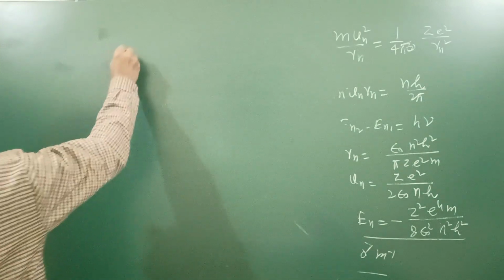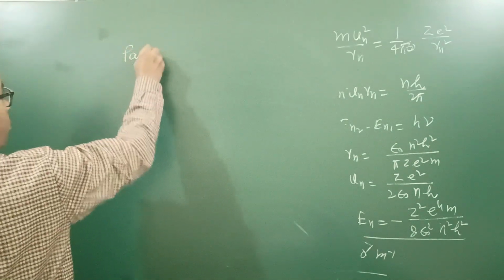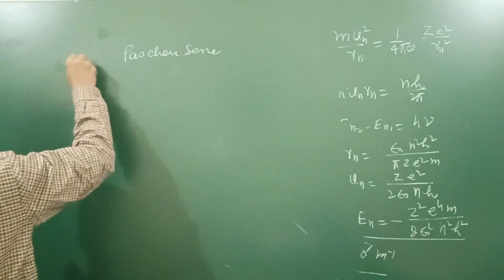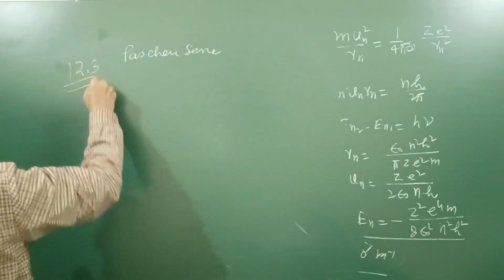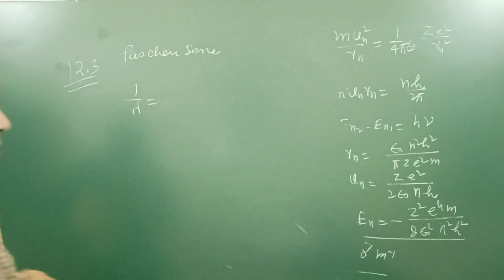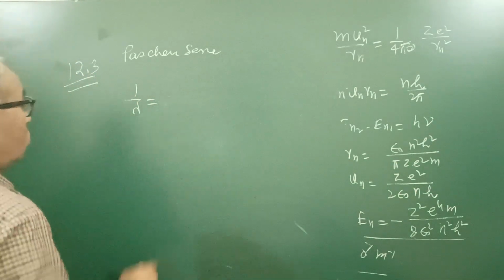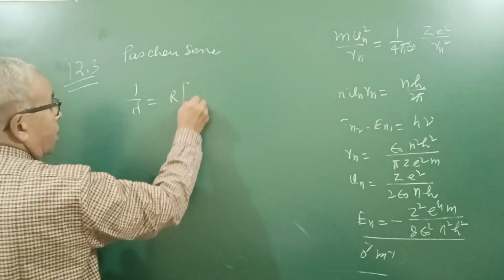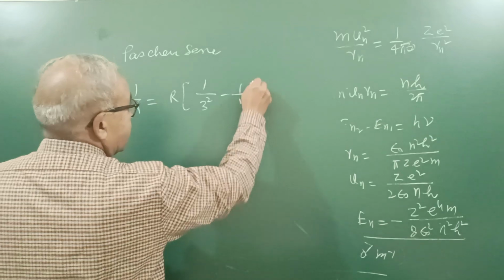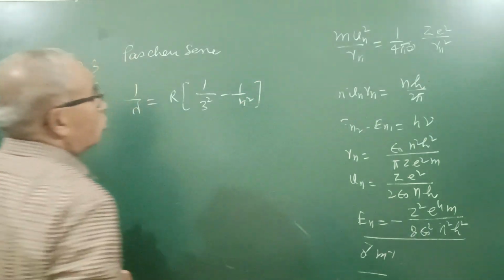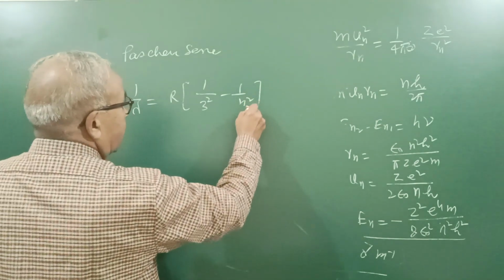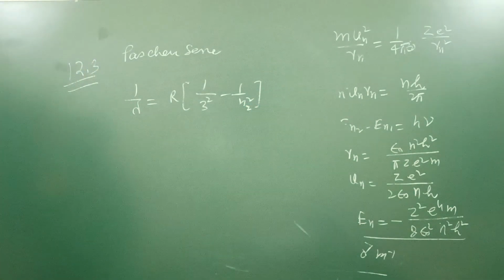For Paschen series, it is 12.3 of the NCERT book. 1 upon lambda is equal to R bracket 1 upon 3 squared minus 1 upon n squared, where n2 is taken as 4, 5, 6.